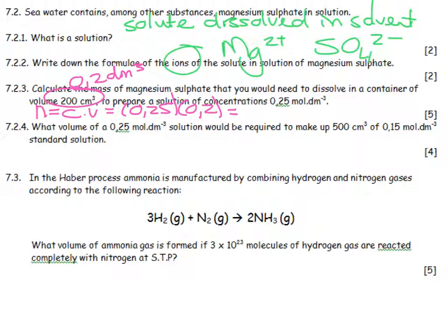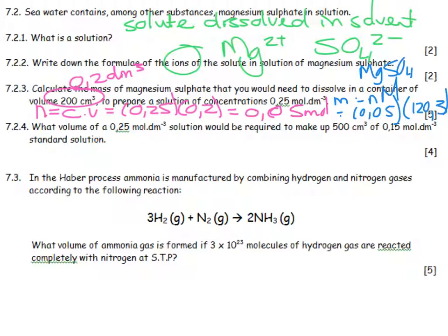And that turns out to be equal to 0,05 moles. And then if I need a mass, it is going to be equal to number of moles times molar mass, 0,05. And the molar mass of magnesium sulfate, MgSO4, turns out to be 120,3.